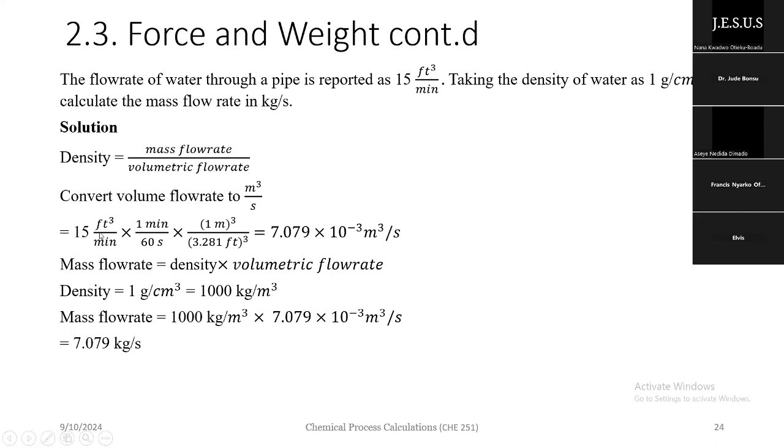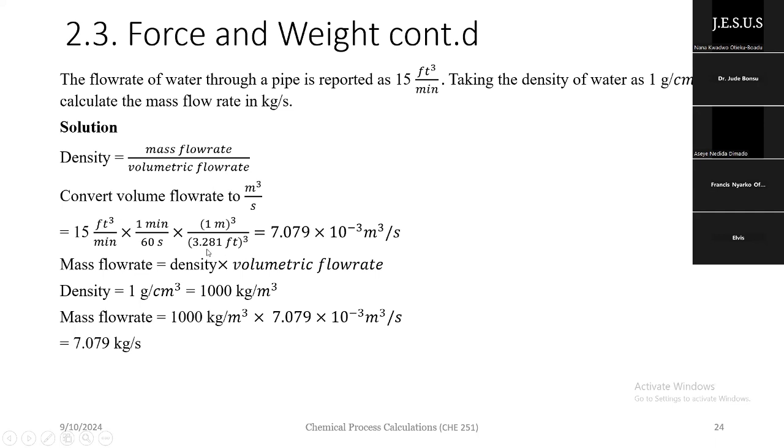Now we need to convert the feet cube also to meter cube. And I said when you have cubes and some powers, you just have to do the normal conversion after we apply the powers too. So 1 meter is 3.281 feet. You just have to cube both sides, and then our feet cube can cancel this.